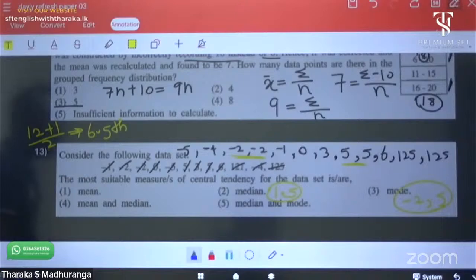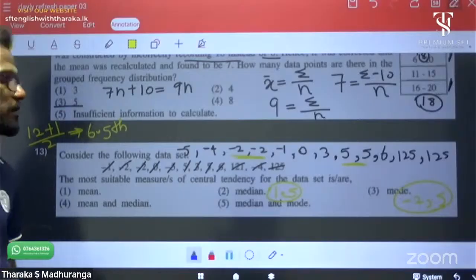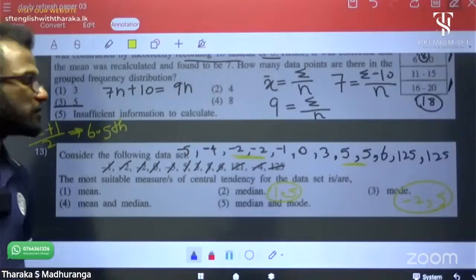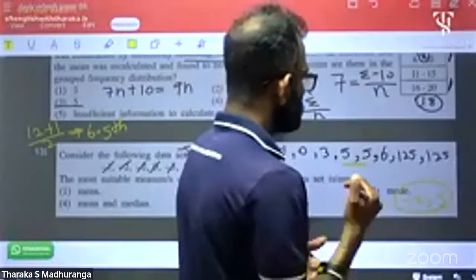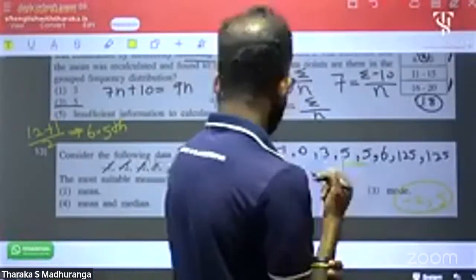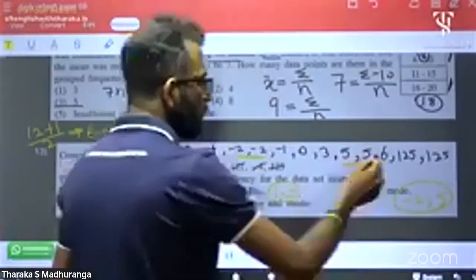In the minus side, minus 4, 5, 10, 14. Minus 14. Plus side, 3, 13, 19, 121.